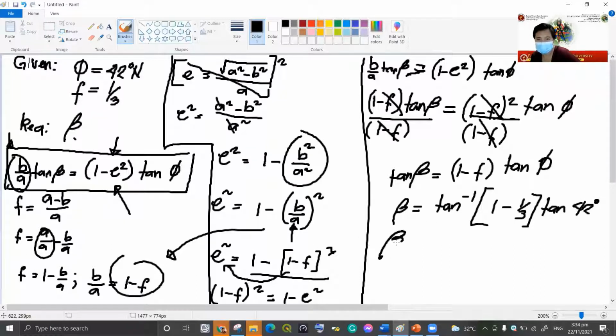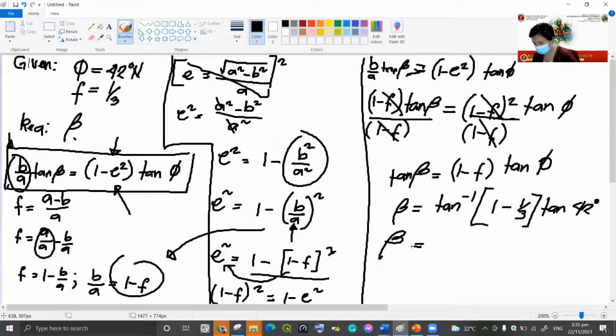Now the reduced is equivalent to, we calculate it first. So we have shift tan of (1 minus 1/3) times tangent of 42 degrees.